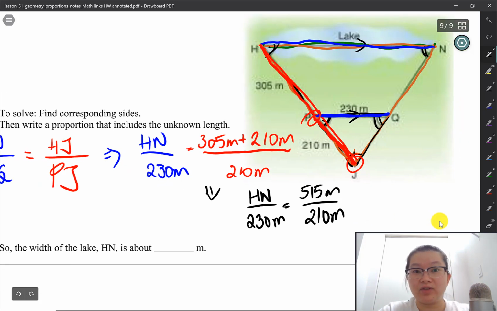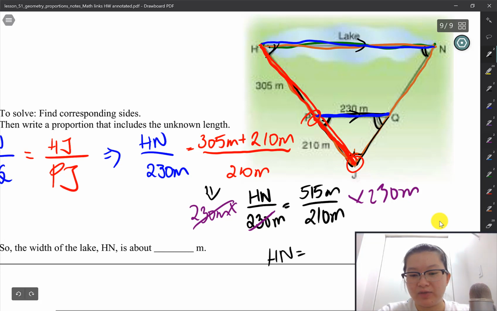Okay, now we just have to solve for HN. To solve for HN, I'm going to multiply by 230 on both sides like this. That gets rid of that, and I have remaining HN equals 515 meters times 230 meters, all divided by 210 meters.